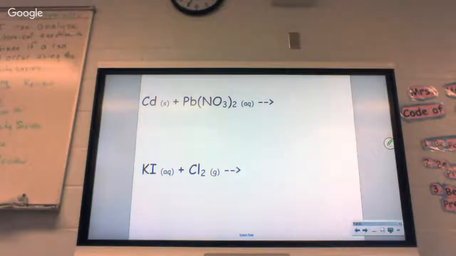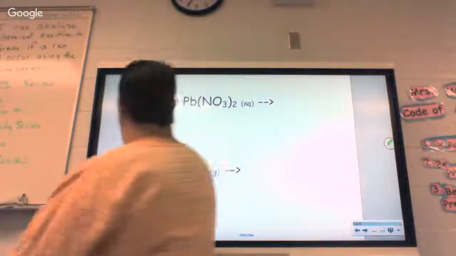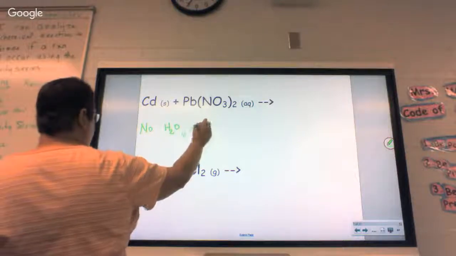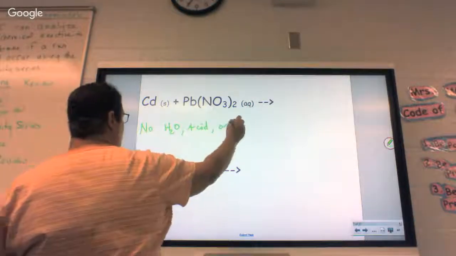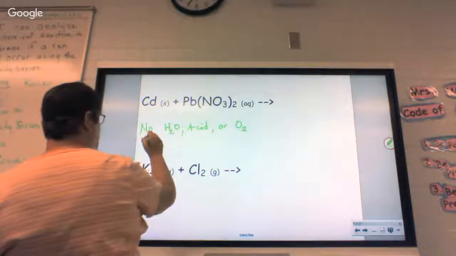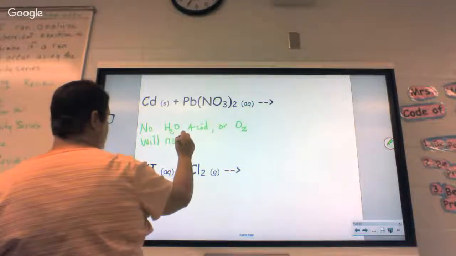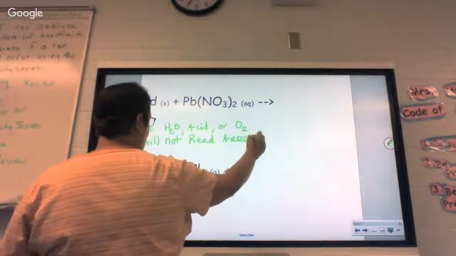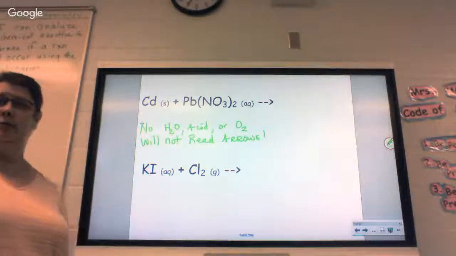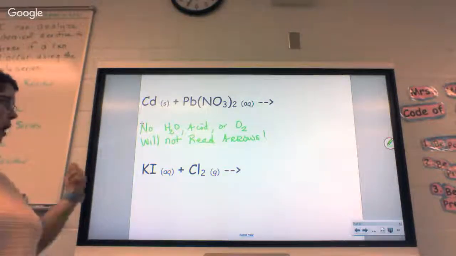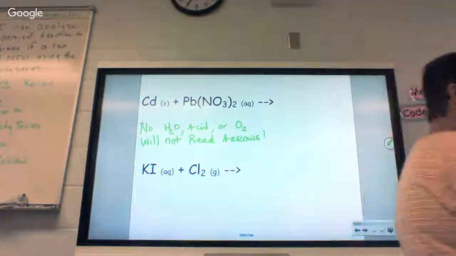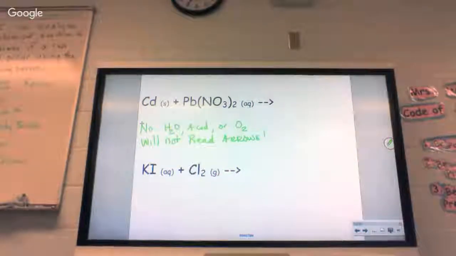No. In this one, there is no water, acid, or oxygen, which means we will not read the arrows. We're not reading any arrows this time because there's no water, no acid, no oxygen. This is where we wrote down step 2 or part 2 of those notes.